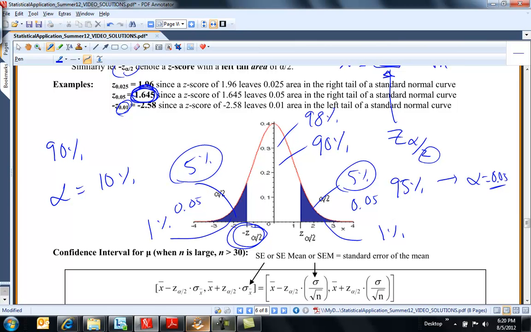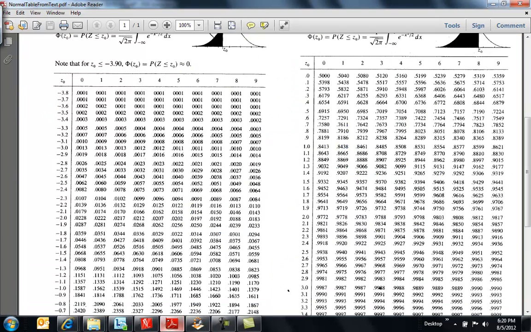If you go back to your table, let's see, 1%... I'm going the wrong way. Let's go over. We're getting close, right? About here, negative 2.32, negative 2.33 leaves 1% in each tail.